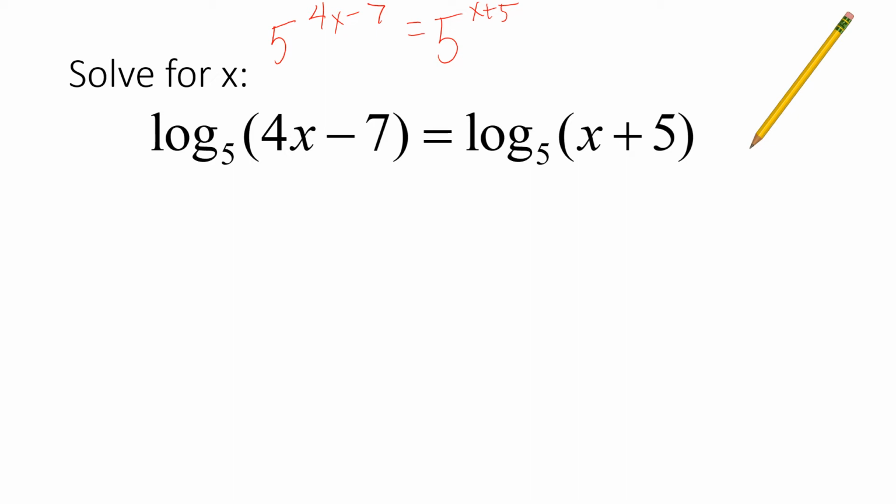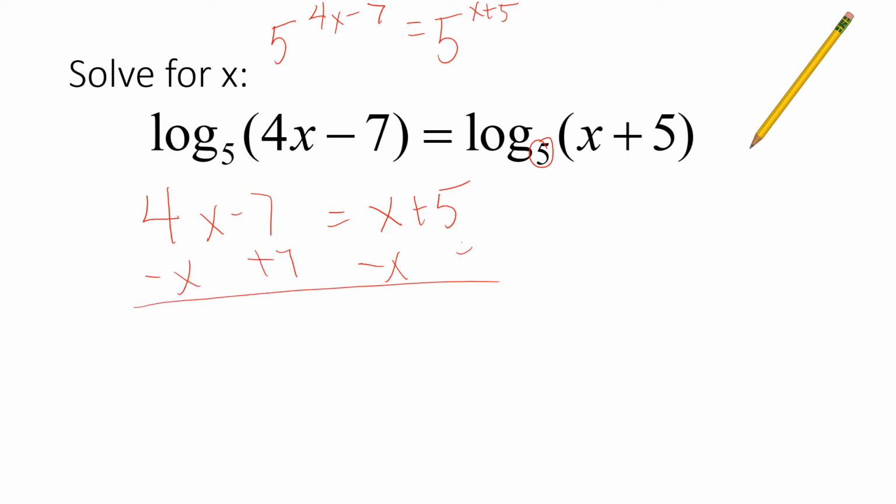The same goes if we have a common base in a log. So we can just set 4x minus 7 equal to x plus 5. Now we subtract x and add 7 to both sides, and we get 3x is equal to 5 plus 7, which is 12. Divide by 3 on both sides, and we get x is equal to 4.